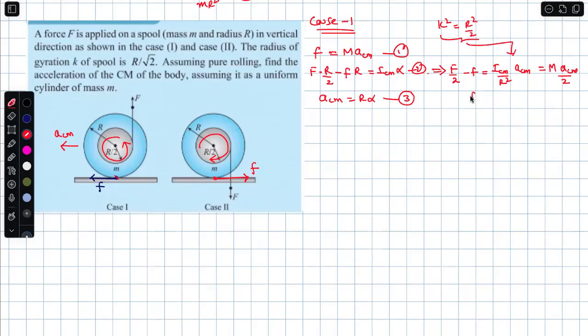And anyway, F is equal to M A_CM. So you take the summation of these two. F by 2 is 3 by 2 M A_CM. Therefore, A_CM is F by 3M. Any doubt till this point, boys and girls?